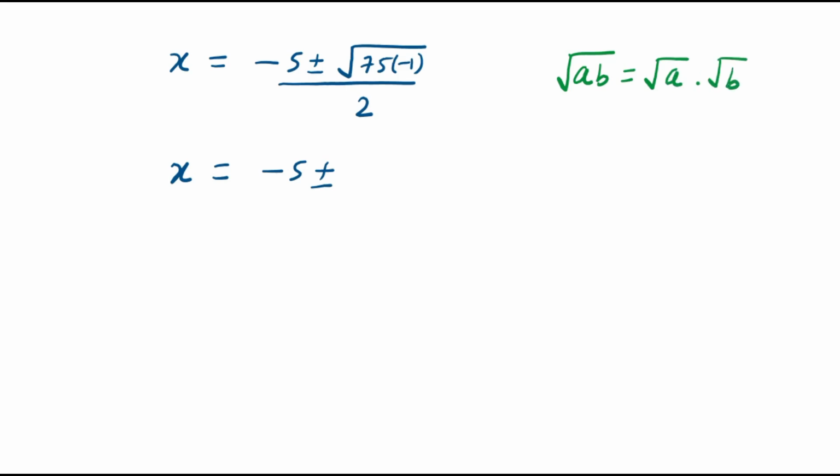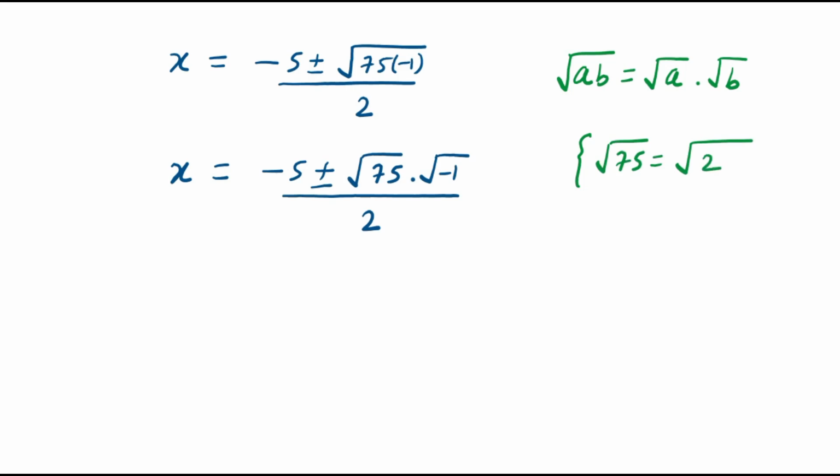If we apply this rule, then this expression is square root of 75 times square root of minus 1, divided by 2. And we know that square root of 75 is the same as square root of 25 times 3, which is square root of 25 times square root of 3, and here square root of 25 is 5, so 5 times square root of 3.